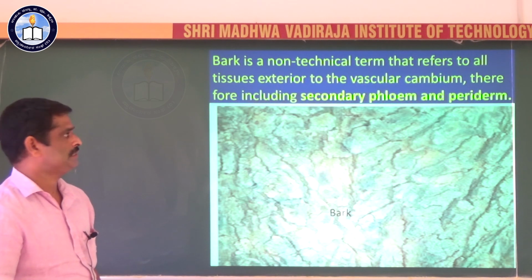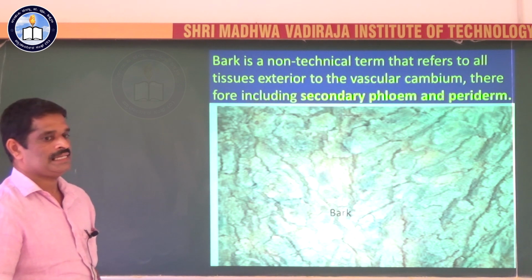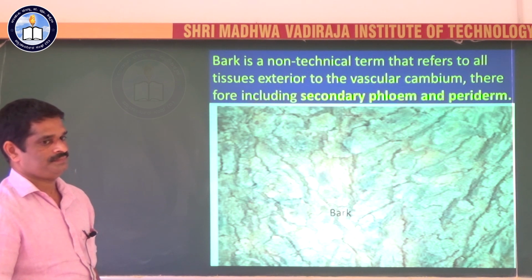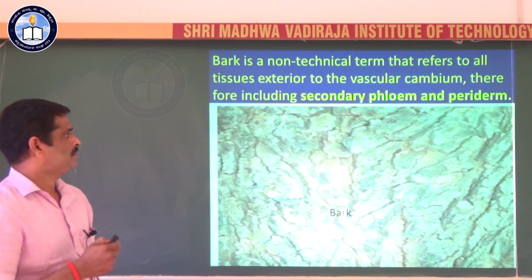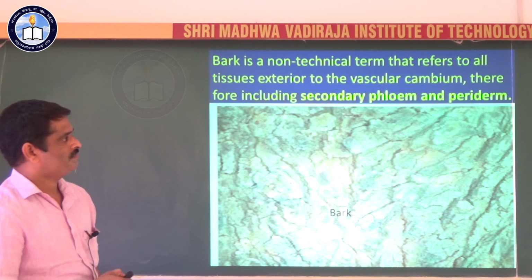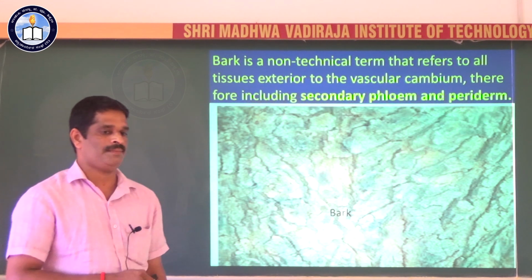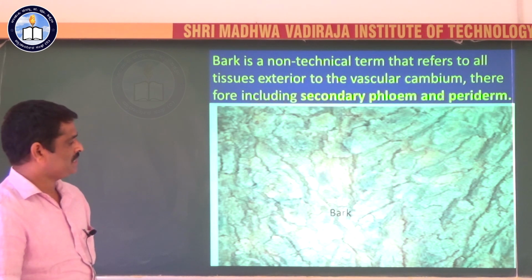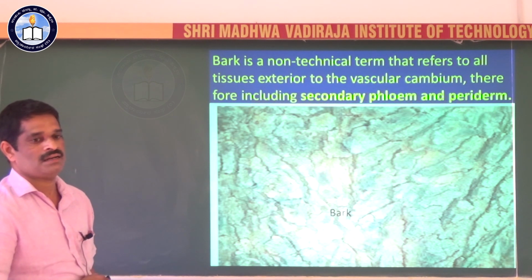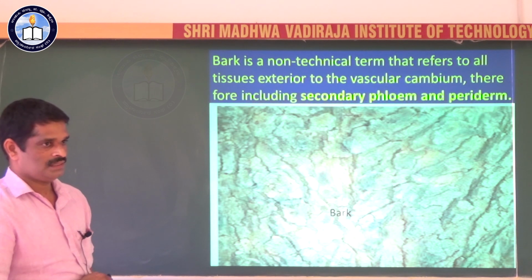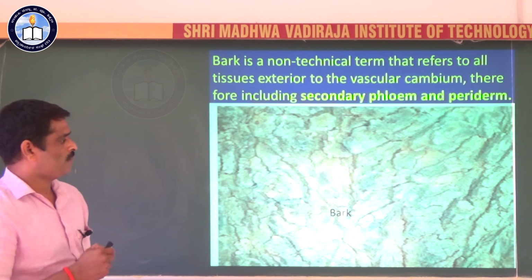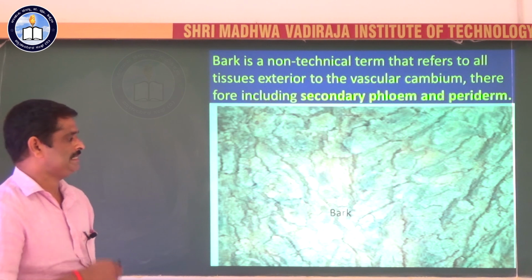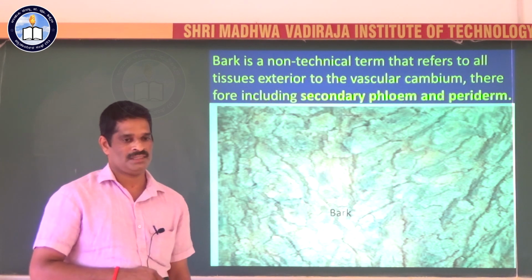It includes the secondary cortex, the phellogen, the phellem, and along with that the secondary phloem, that constitute the bark. The bark which is formed early in the season is called early bark or the soft bark, and that formed late in the season is called the late bark or the hard bark.